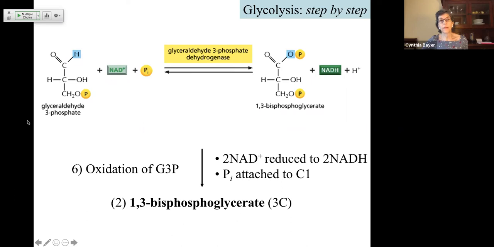Because this reaction occurs twice for every molecule of glucose, because that previous step had actually generated 2 glyceraldehyde 3-phosphates. So we've actually generated 2 molecules of NADH. And now we're going to see what happens to this high energy bond in this 1,3 bisphosphoglycerate.